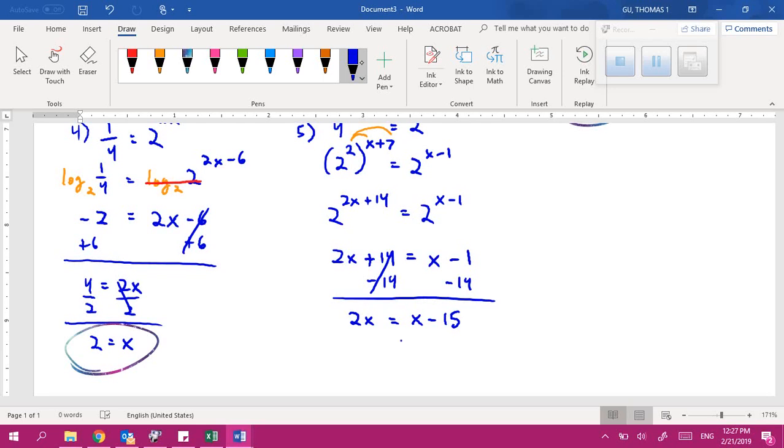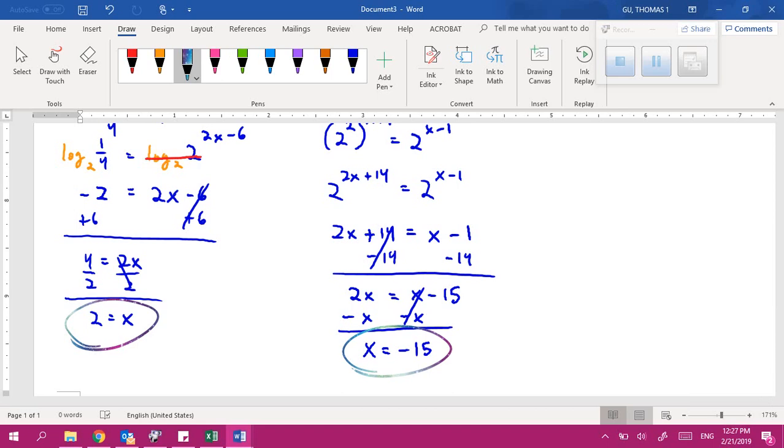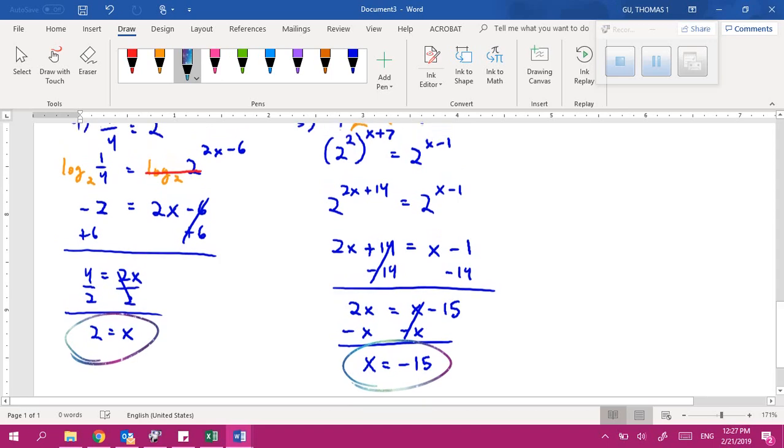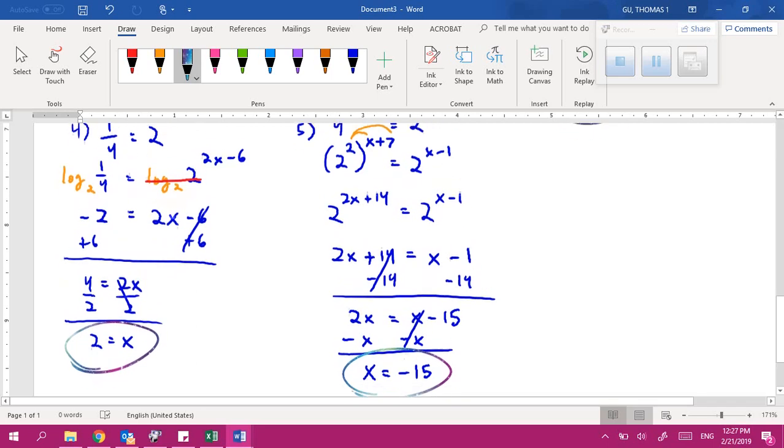Subtract the x, right. And then what am I left with? That's right. X equals negative 15. Alright, so actually doing it with method 2 here does save you a couple of steps and makes it a little less complicated. So there it is.